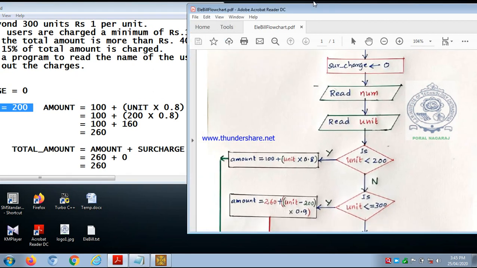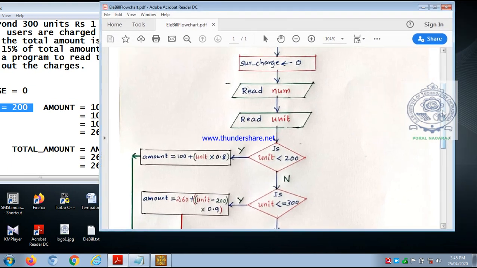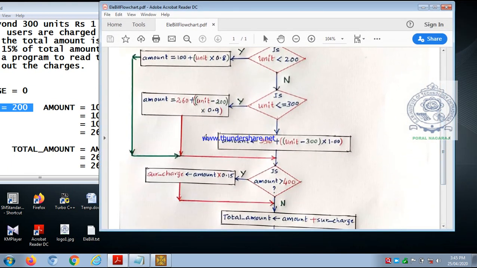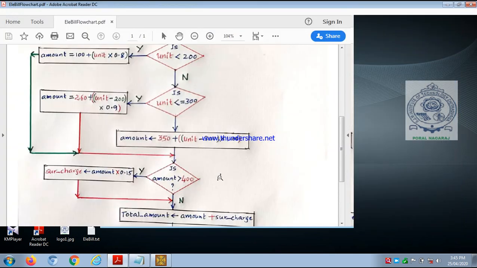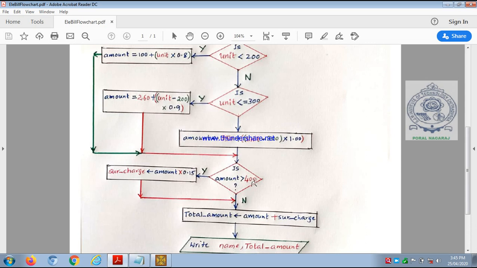After computing that, we have to compute the total amount. Directly see where the control comes, follow the arrow mark. Is amount greater than 400? For the first 200 units, the amount will be 260. So is amount greater than 400?